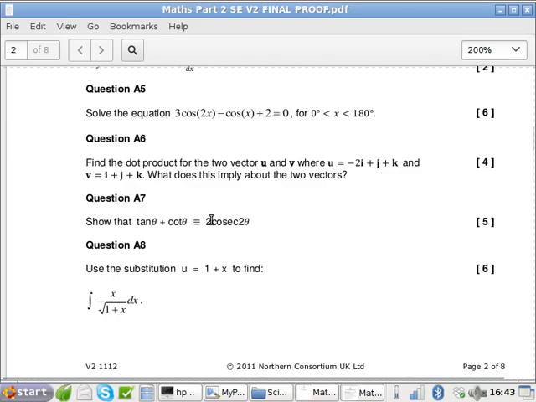Oh look, and here's what we did this week as well. This is what we'll do tomorrow, the further trigonometry.